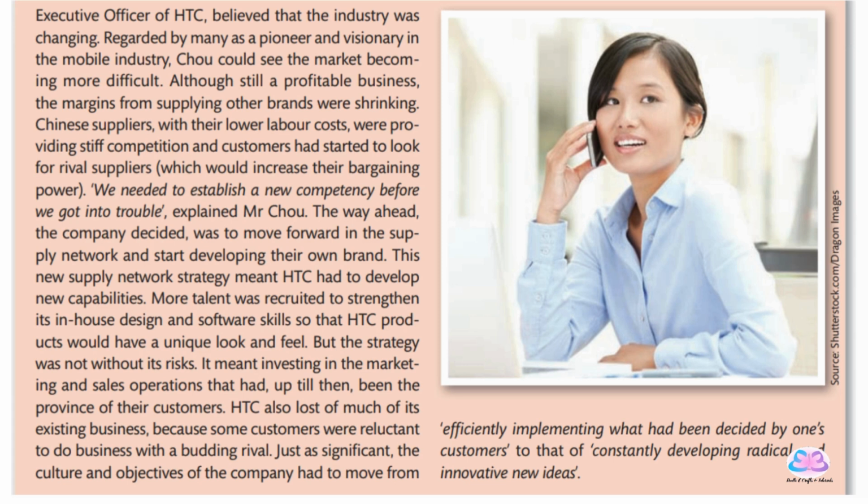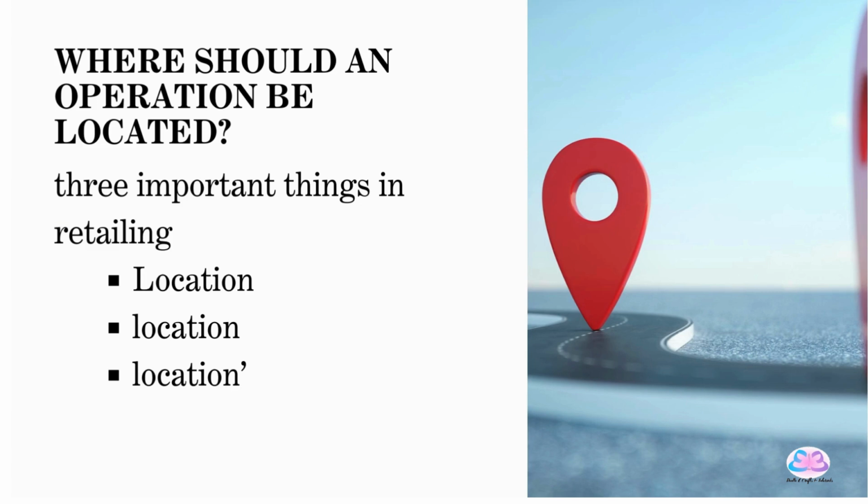To gain more market control and brand recognition, HTC decided to move downstream, transitioning from a supplier to a branded smartphone manufacturer. This strategic shift allowed HTC to compete directly in the consumer market, marking a significant transformation in its business model.